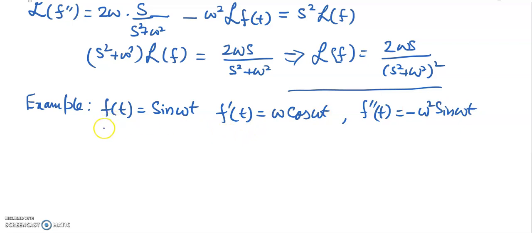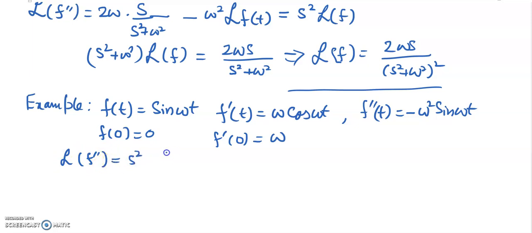So f of 0 is 0 in this case, and f prime of 0 is omega. Now we know that the Laplace of f double prime is equal to s square Laplace of f, then minus f of 0, which is 0, and then minus f prime of 0.